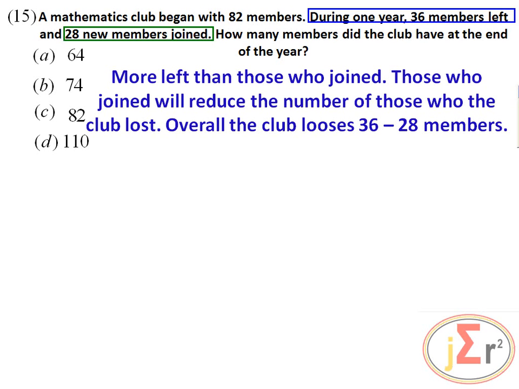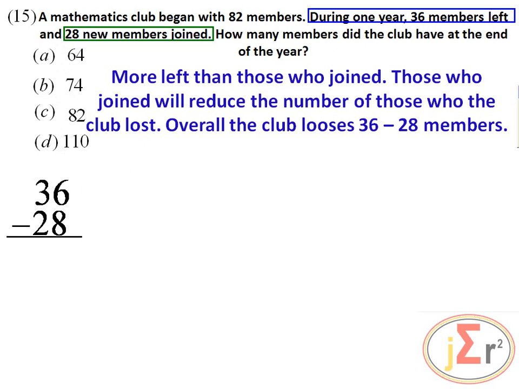Overall, the club lost 36 minus 28 members, because 36 came out and 28 went back in. Therefore, effectively, those that are out will be what we get when we take 28 from 36. 8.